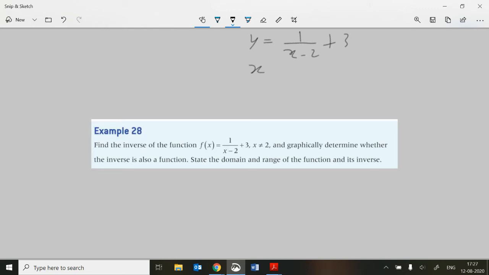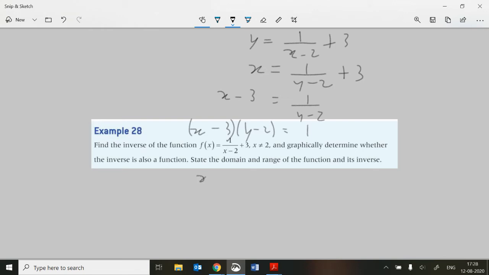Now let's switch around the x and the y, which is what I forgot to do this time around. Okay, let's take the 3 to the other side. Okay, I mean, these are pretty obvious steps. Let's multiply across by the y minus 2.